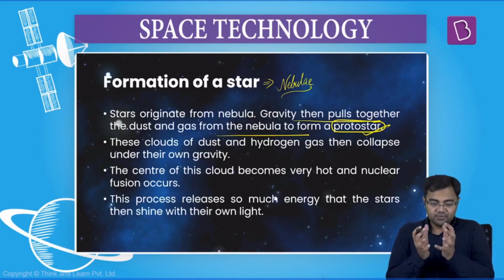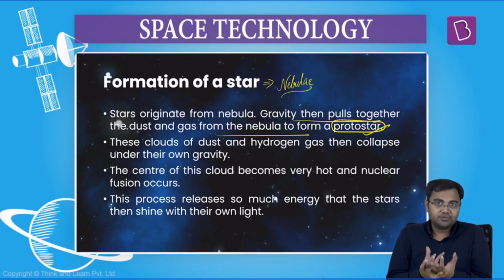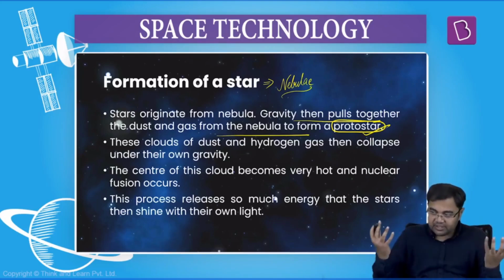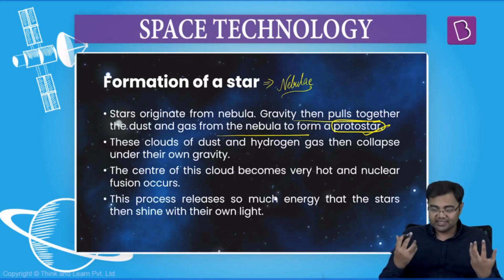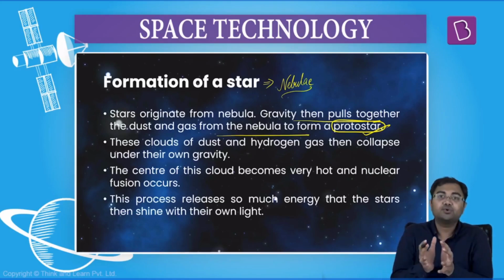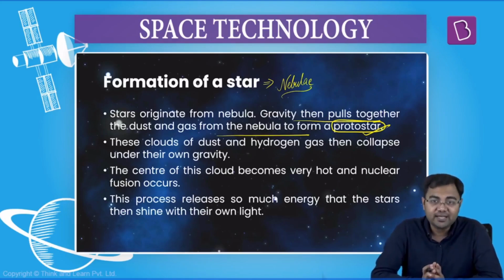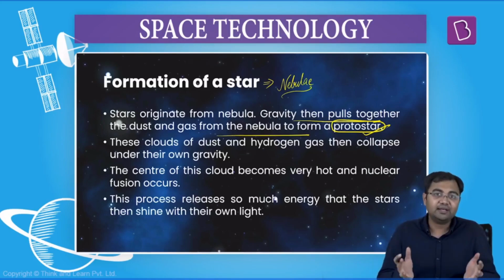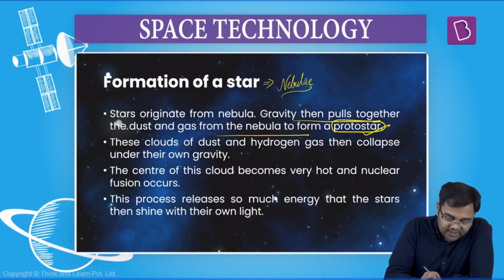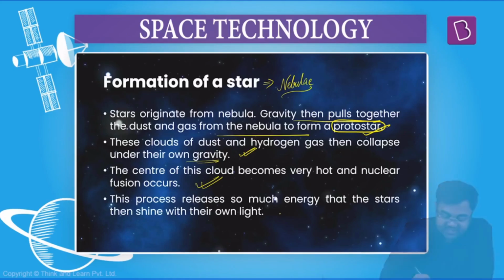Once the core is formed, it will have a gravitational force of its own, and everything in the vicinity, everything in the surroundings, will start to come together and close in on this particular star, and ultimately a larger star will be formed. So these clouds of dust and hydrogen gas then collapse under their own gravity. The center of this cloud becomes very hot and nuclear fusion occurs, and this process releases so much energy that stars then shine with their own light.